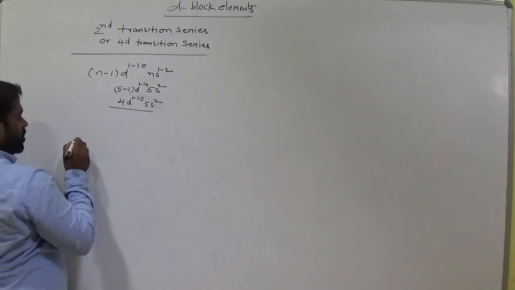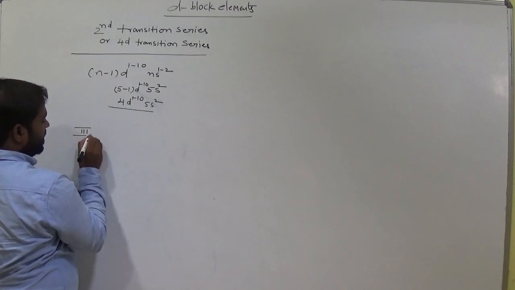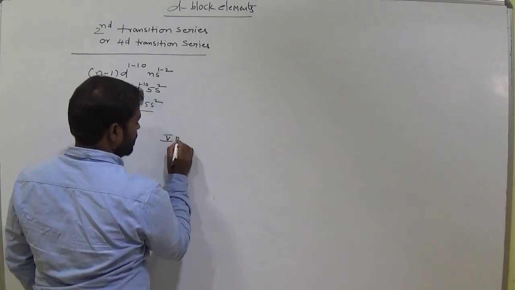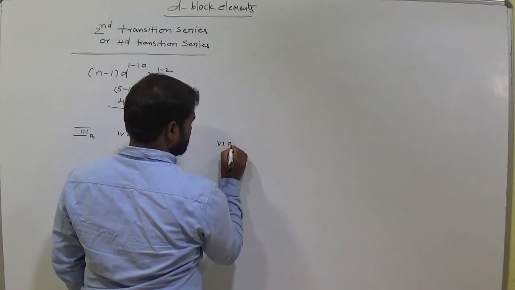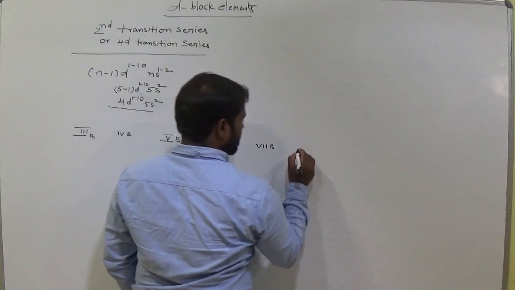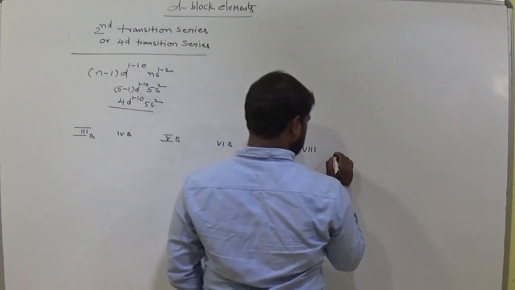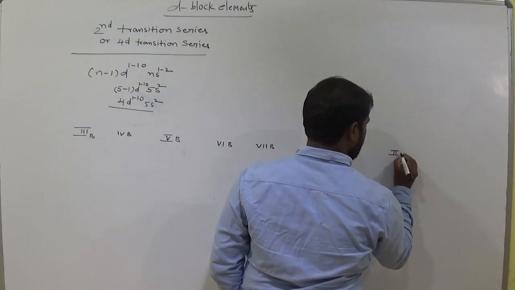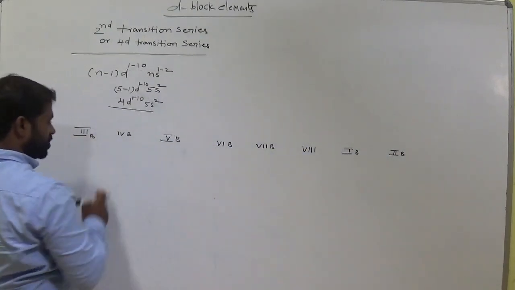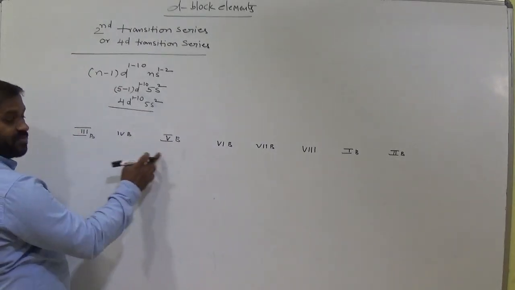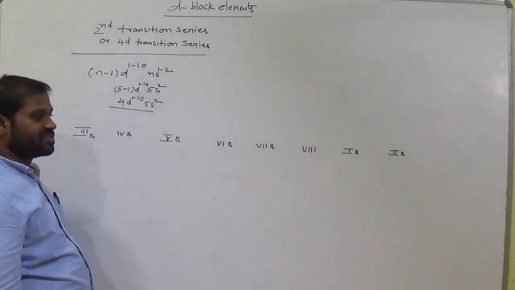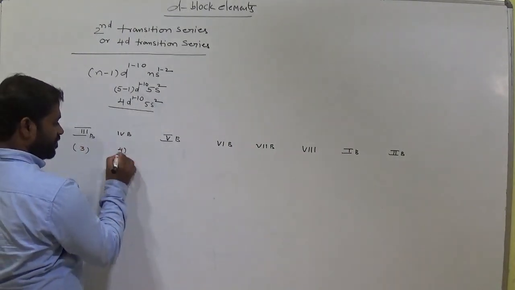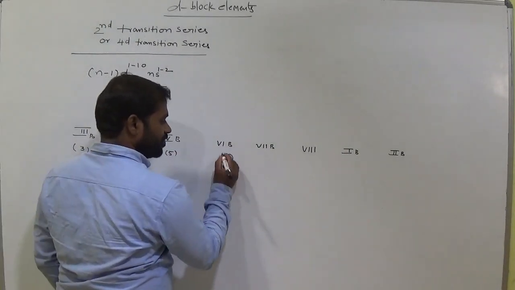So we have groups here: third B, fourth B, fifth B and sixth B, seventh B and eighth group, first B and second B. Now this is third group, fourth group, fifth group, sixth group, seventh group.